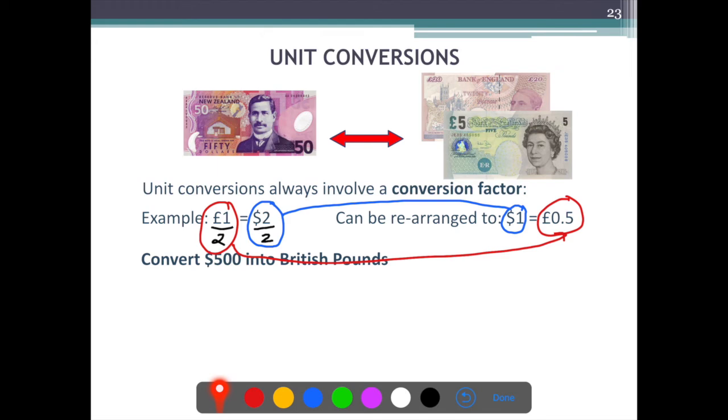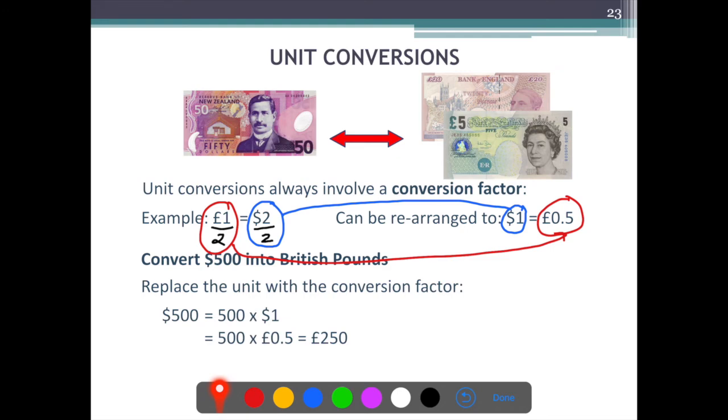The next thing you do is to write the number in terms of the number and the unit. Here we separated $500 into 500 pieces of $1 notes.